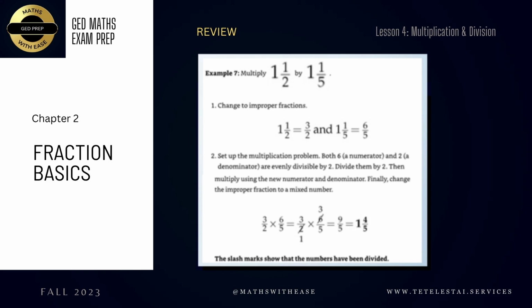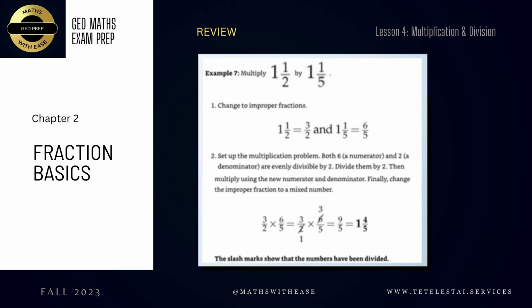So here, in example 7, we're being asked to multiply 1 1/2 by 1 1/5. And so you want to start by changing your mixed fractions into improper fractions. So 1 1/2 changes to 3/2, and we get that by multiplying 2 by 1, which gives you 2, and then adding 1, the numerator.